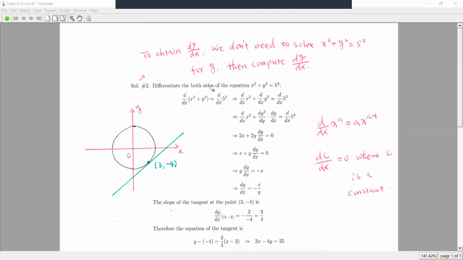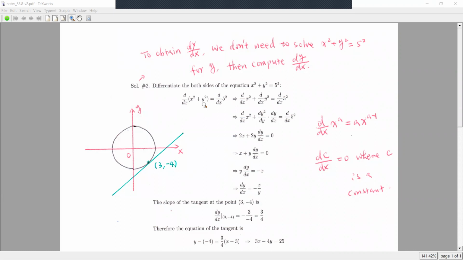Differentiate both sides of the given equation. Take the derivative on the left side, the derivative on the right side. The left side is a sum of two functions. X squared depends on x, so it is a function of x.